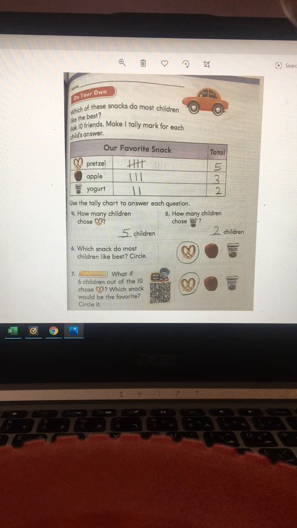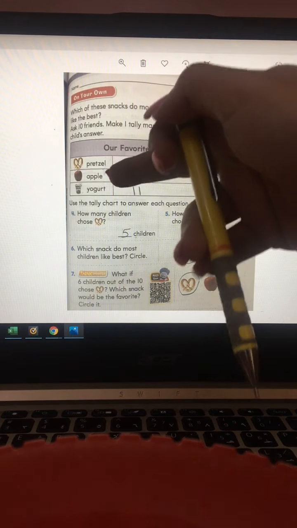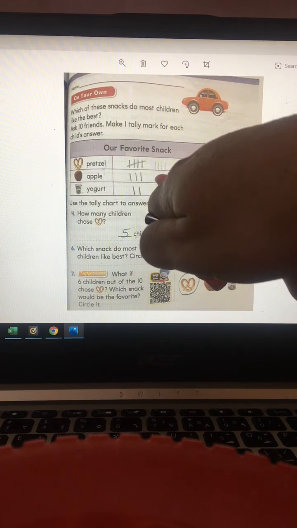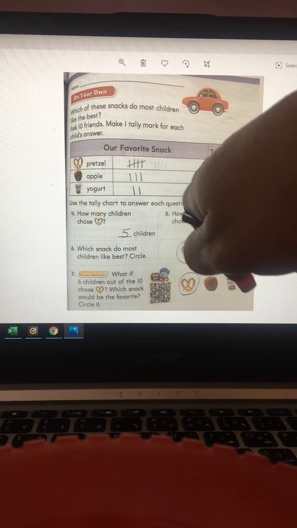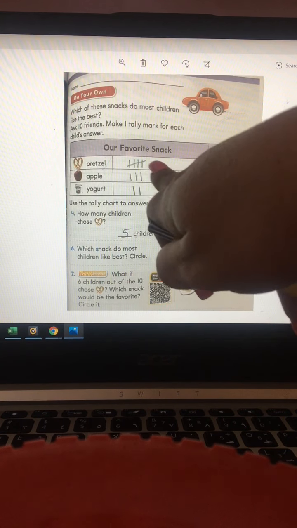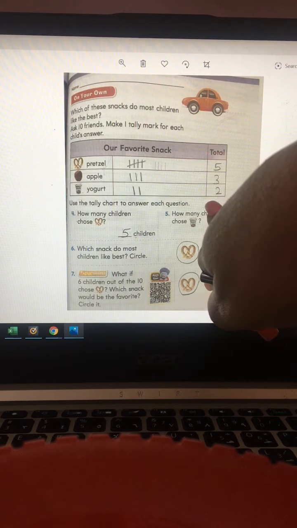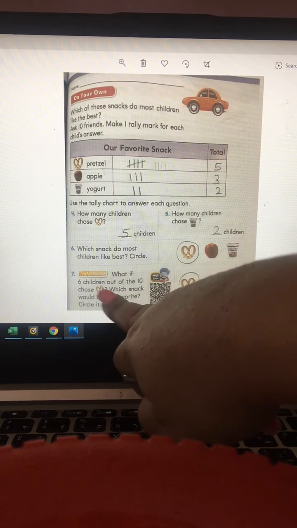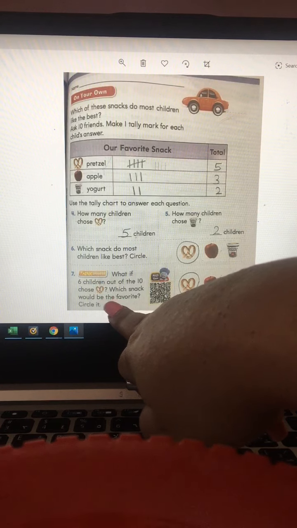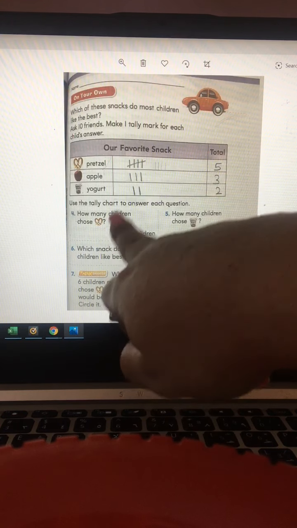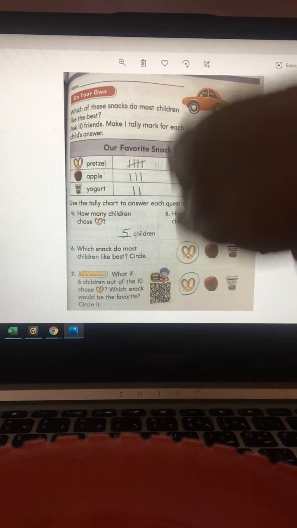Why? Because it's already 5 children who chose or favor the pretzel. So the number of children who favor the pretzel is already the biggest of all. So if 6 children out of the 10 chose pretzel, which snack would be the favorite? It's still the pretzel, okay?